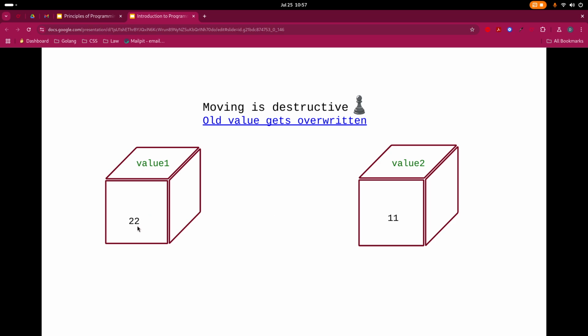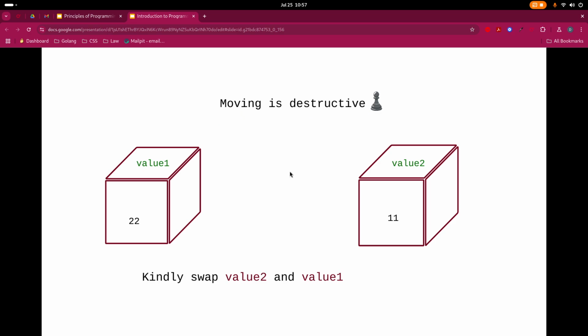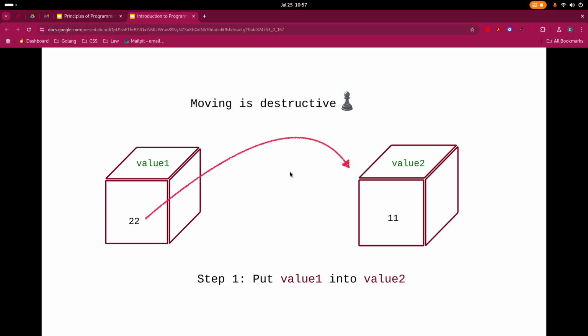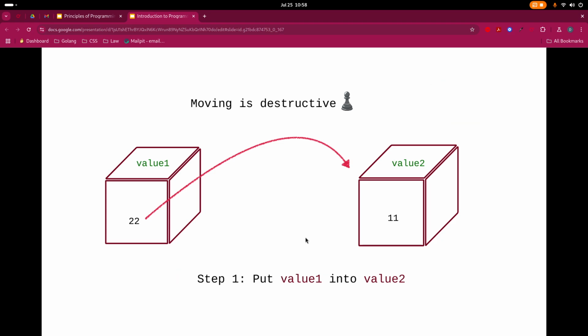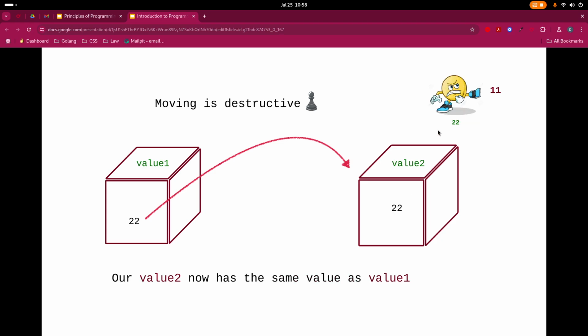If I want to move this 22 into the value 2 box, then what actually happens is this. Notice I now have 22 in both boxes. Well, what happened to the 11? It was kicked out.